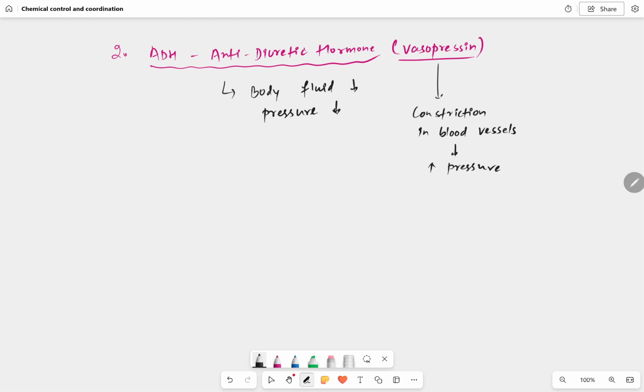That's why the vasopressin is called vasopressin, because it is basically causing the constriction in blood vessels.